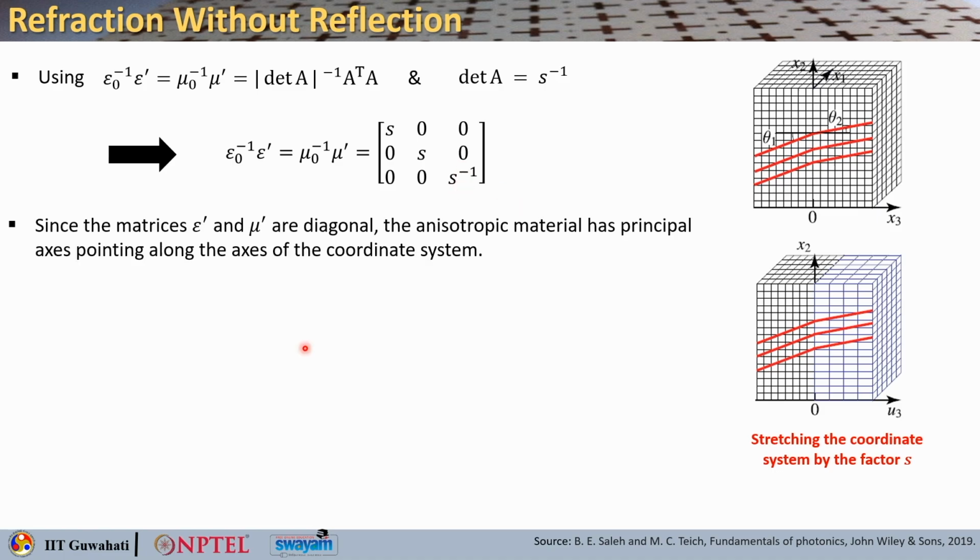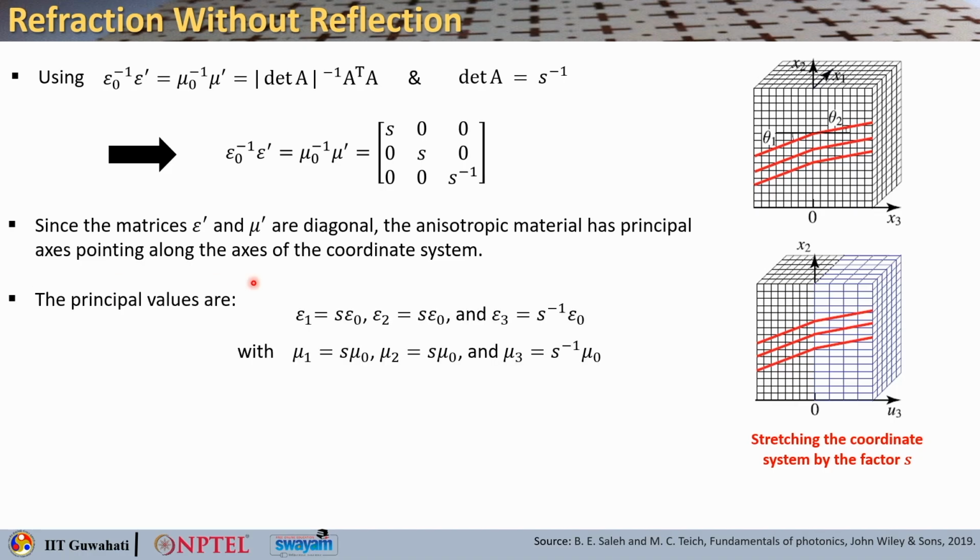So, as I mentioned, these matrices epsilon prime and mu prime are basically diagonal. The isotropic material has principal axes pointing along the axes of the coordinate system. So, that is a good thing. And what are the values along the principal axes? You can see that epsilon 1 will be simply S times epsilon naught.